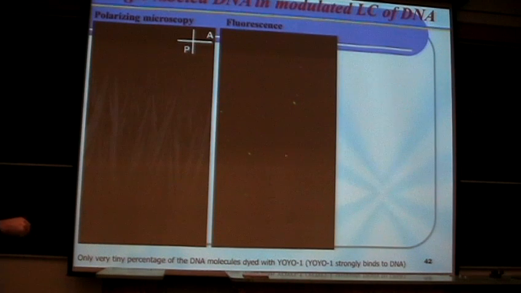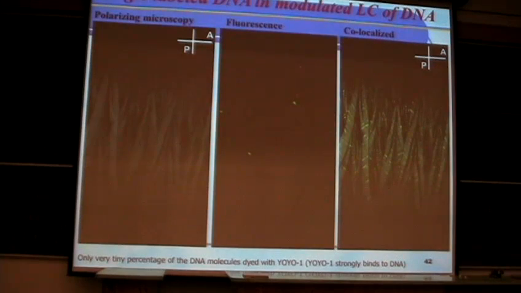And then in fluorescence confocal microscopy, of course, we will be able to see only the dye molecules which have been labeled, as those shown in here.